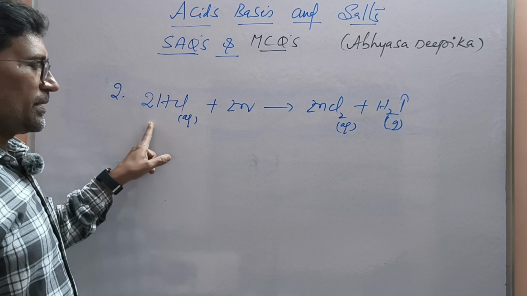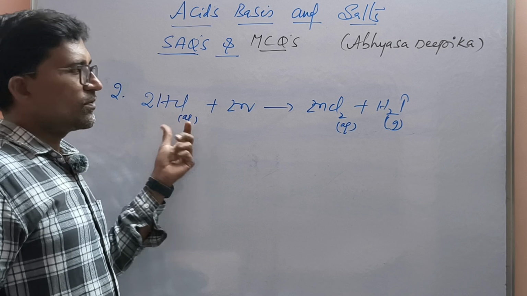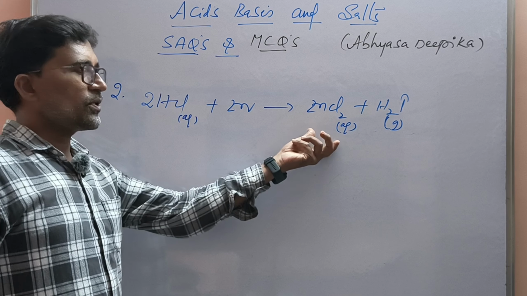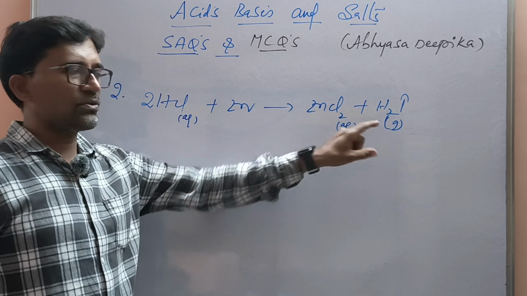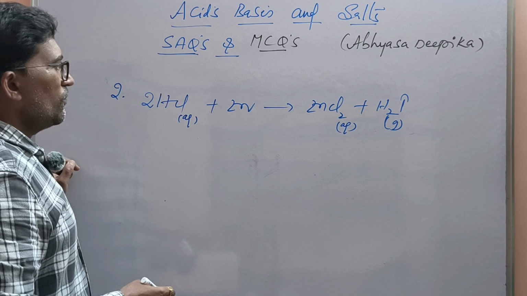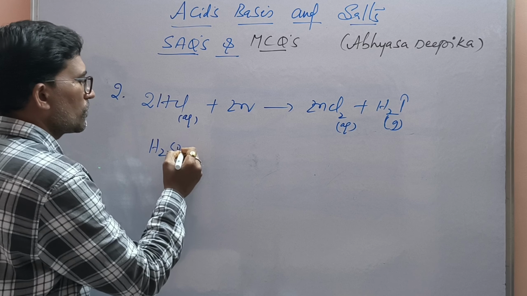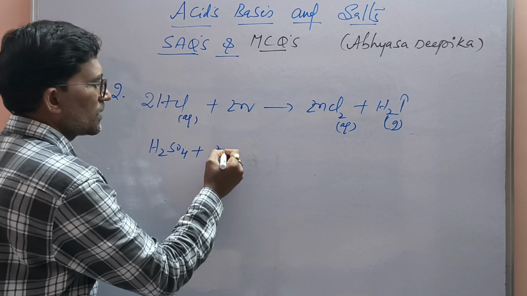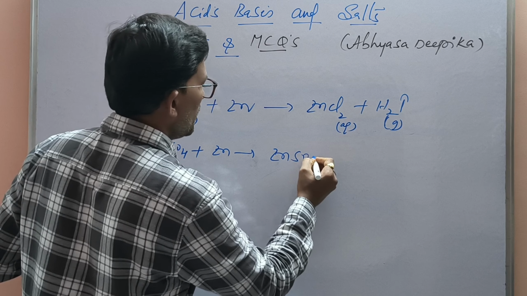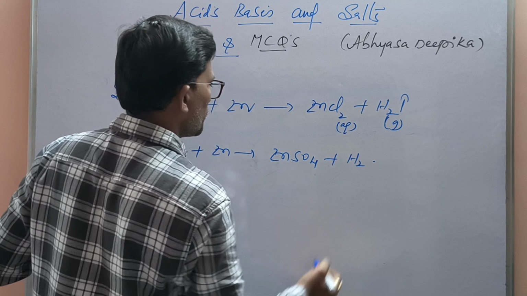So the results of the experiment, if acids are reacted with the metals, is that they form their respective metallic salts with the liberation of hydrogen gas. Now take another example, H2SO4. When it reacts with zinc, it gives rise to ZnSO4 plus H2.